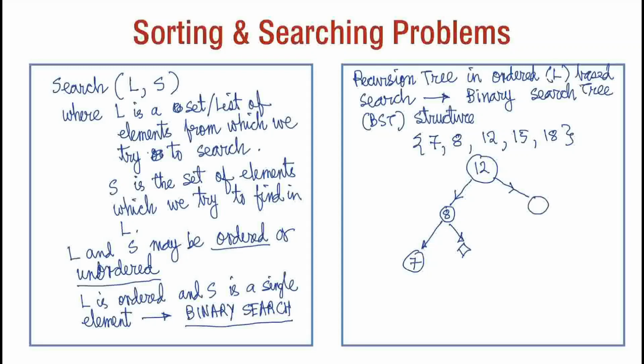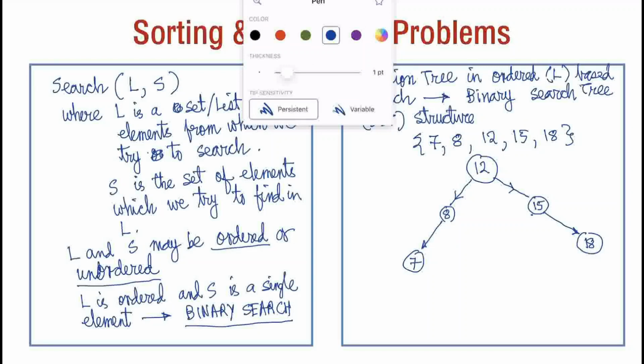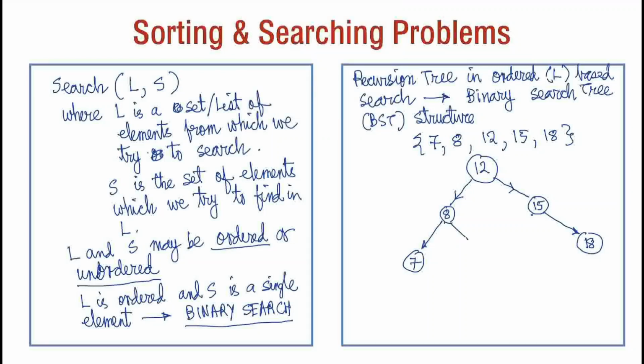This side maybe we could have 15, and then only there would be an element 18 on the left side, and this side would not have anything. So let us, for the time being, remove. So this is how it is. So this is a binary tree, and in this binary tree these are all grounded, and these are all grounded.